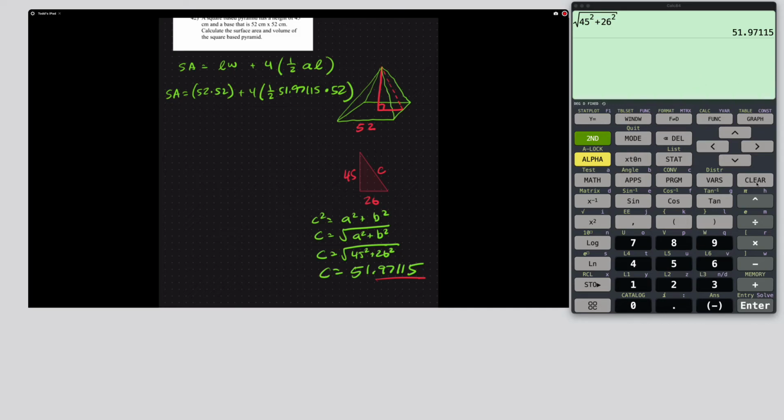Okay, so I'm going to clear the screen. I'm going to put a bracket and go 52 times 52, close that bracket, plus 4 bracket, and now I can basically use the fraction in here, or I can just go 1 divided by 2 for a half, or go 0.5.